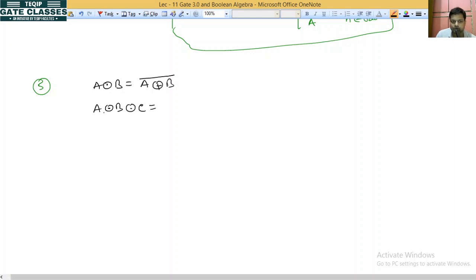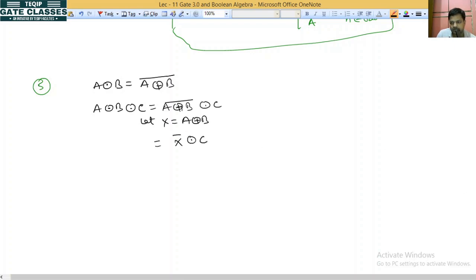If it is A XNOR B, then it can be written as A XOR B complement XNOR C. Now let x equal A XOR B, means in place of A XOR B we are placing x, so it will be x bar XNOR C.